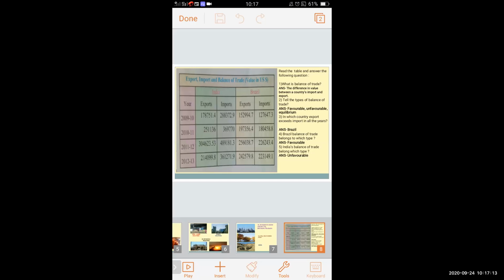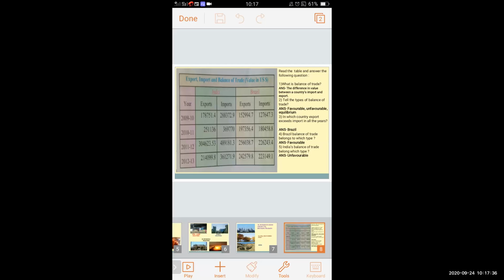In 2011-12, there is export of 2,56,038.7 and import was 2,26,243.4. From this also, export figure is more and import is less.